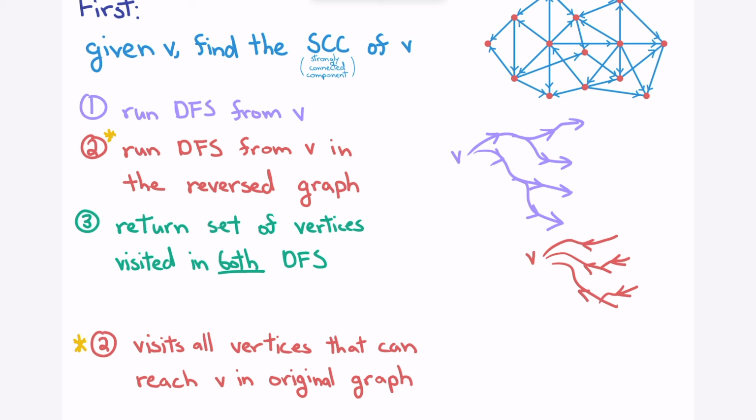If I reverse all the edges and I run DFS, it's going to find all the vertices V can reach in the reverse graph, but that means those are vertices that can reach V in the original graph, right? And that's only one more DFS. Any of the vertices that get marked in both passes, they're going to be a strongly connected component, right? And this algorithm is obviously correct, obviously takes m plus n time.